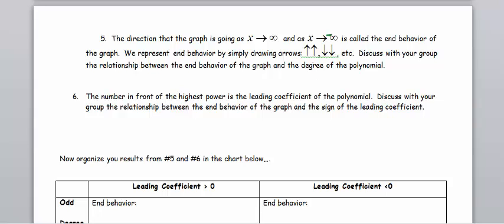And that's how we're going to represent that end behavior. We might have a graph that's going up at the start and going down at the end. Or we might have a graph that's going down at the start and going up at the end. So any one of these 4 different possibilities could be a factor as we're looking at those.